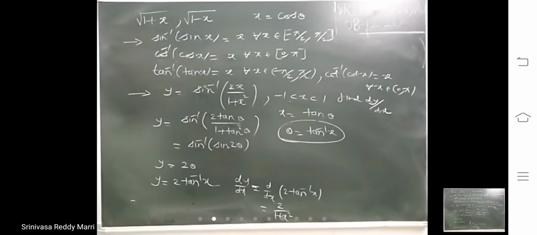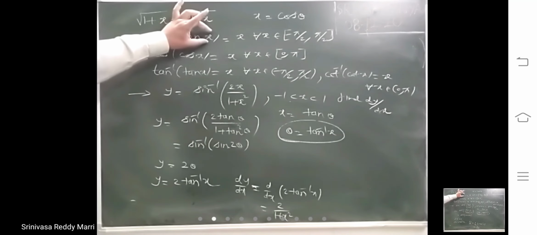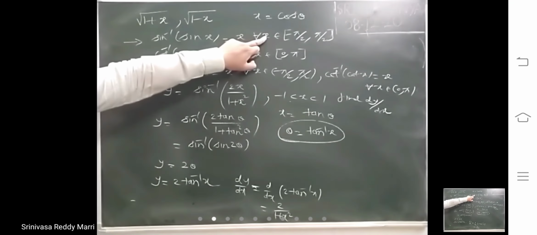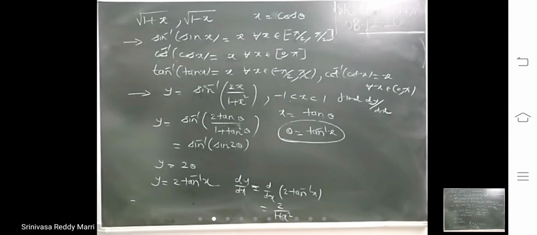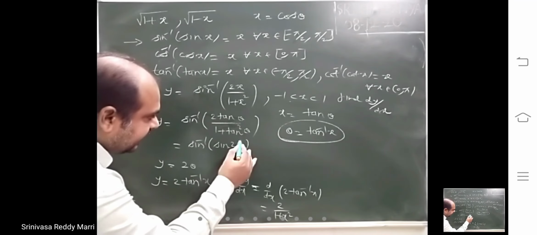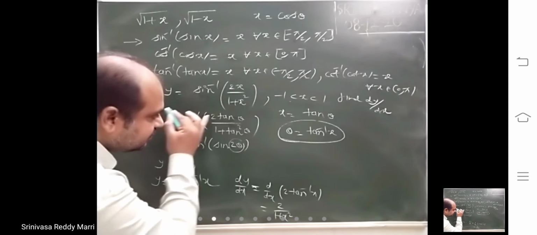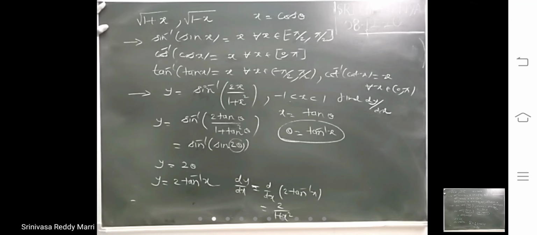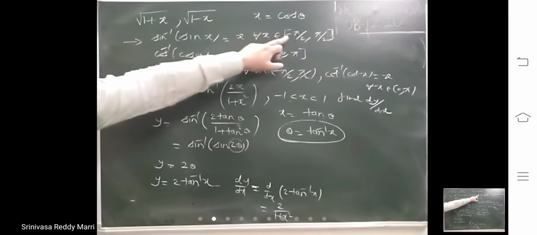Now look at why the x interval has been given. I have told you sine inverse sine x equals x only if x lies in the interval minus pi by 2 to pi by 2. Here sine inverse sine 2 theta is there, so this 2 theta must lie between minus pi by 2 and pi by 2.